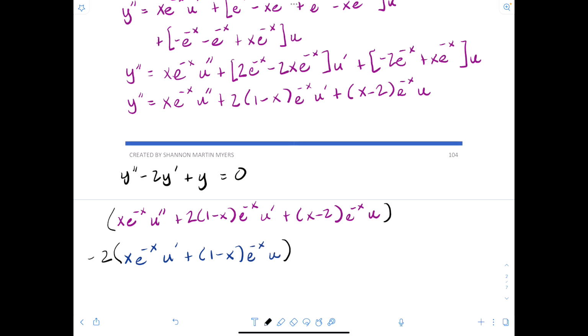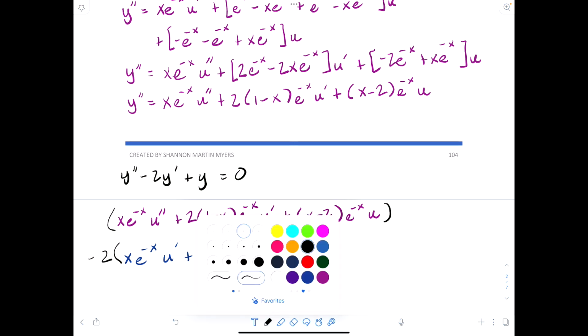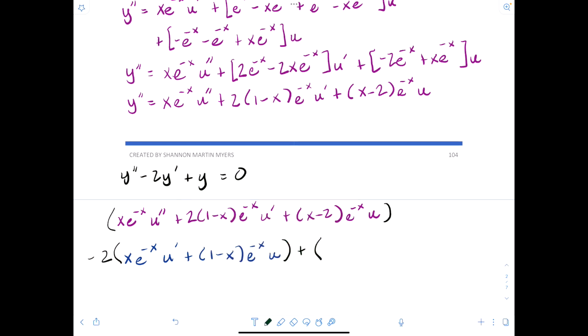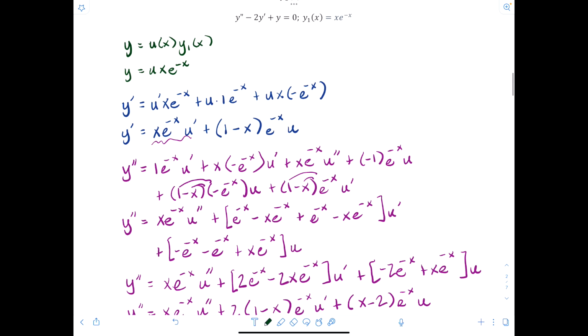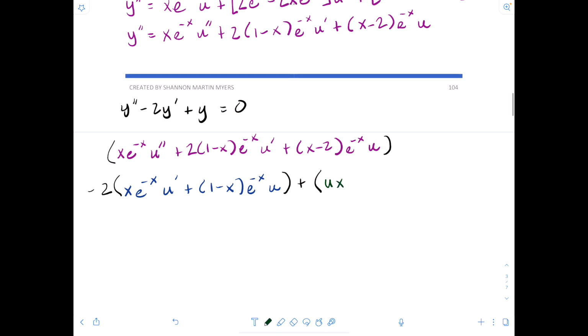And then plus y. Our original y was u times xe to the negative x, and all of that is equal to 0.